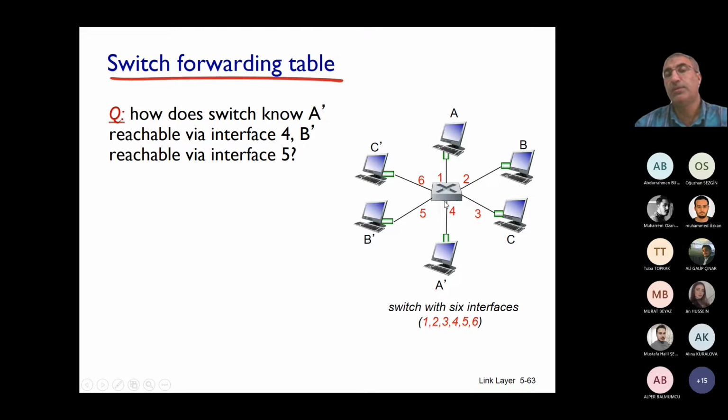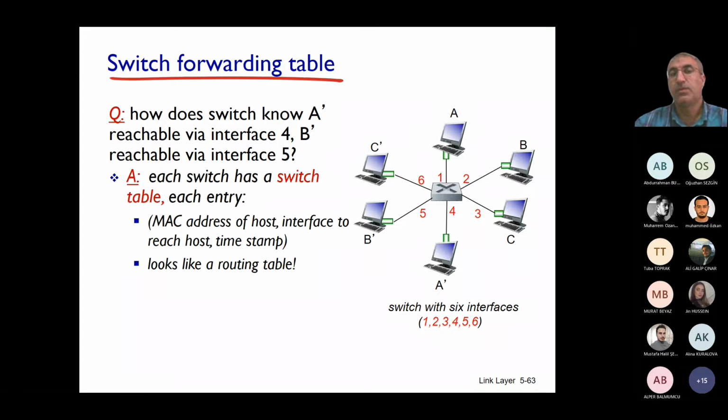Switch forwarding table. We have a forwarding table at the switches. So the first question is, how does the switch know A prime is reachable via interface 4 or B prime is reachable via interface 5? How does the switch know this information? The answer is each switch has a switch table and each entry consists of the following information.